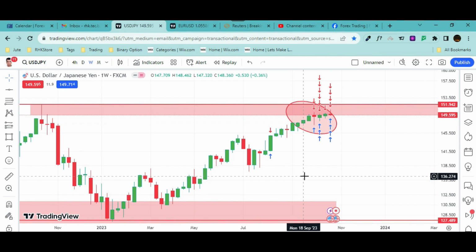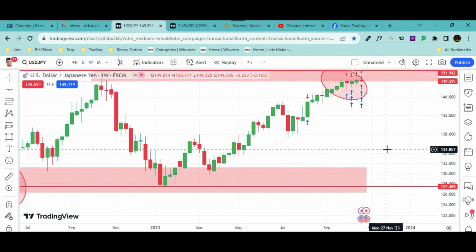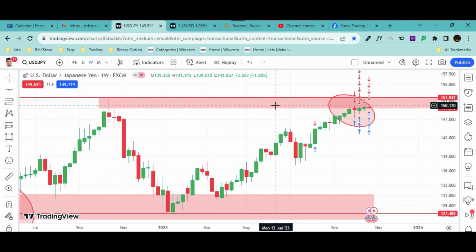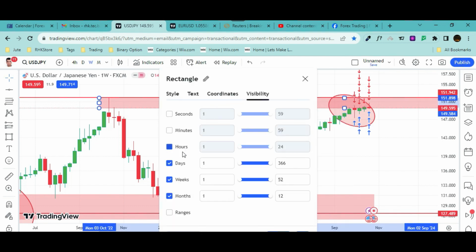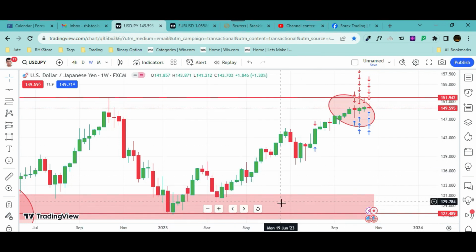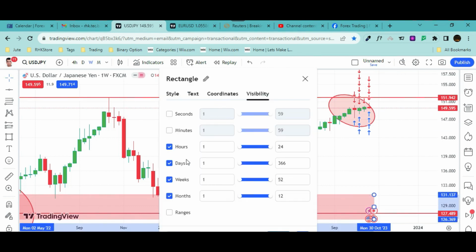For the double top, like this, green red, and to form a double bottom, we need the red and green, something like this. So let's analyze now based on the weekly time frame. Let's remove the monthly first, so we can understand what is going on in weekly.